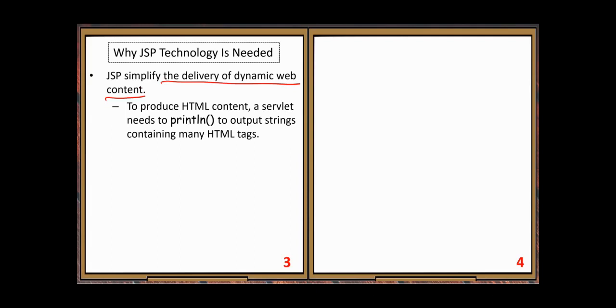And if you look at the servlet, the main method that we use to provide the content, this content could be dynamic, could be static, right? So when we use println, we can produce both static and dynamic.